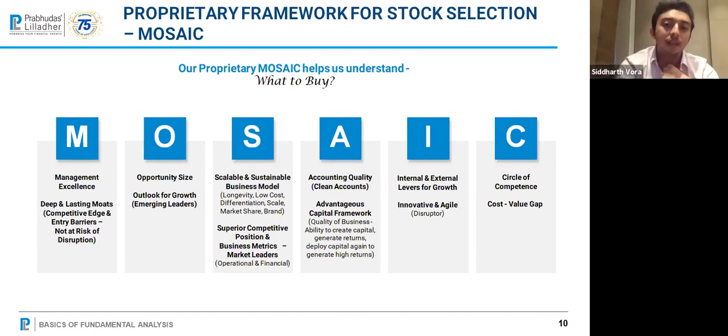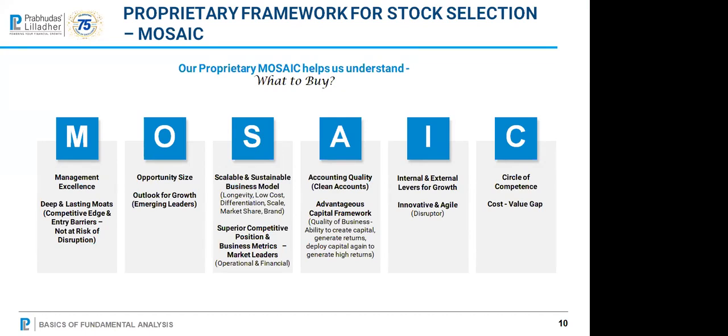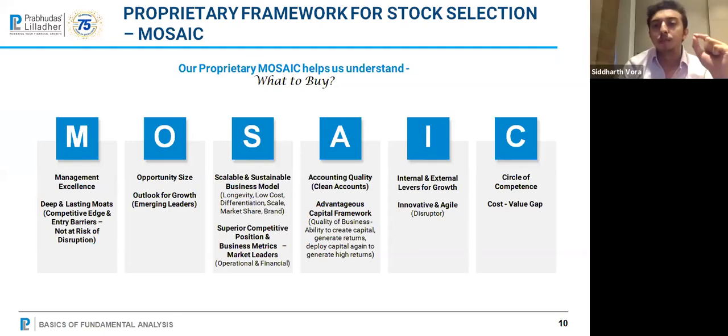In fact, very, very few businesses give you the advantageous capital framework. And therefore, it is very important to identify how consistently a company is generating free capital. Is it able to redeploy that capital and earn the same return on that new capital? This analysis is very important.